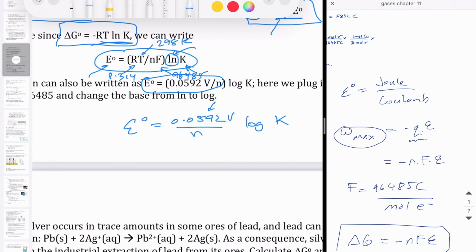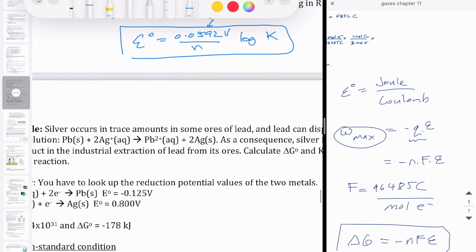So if you put in all the numbers for RT and Faraday's constant and change the base of the log from natural log to log base 10, you get 0.0592 divided by N, times log K. A lot of times people like to memorize this equation instead of the top one because you don't have to remember as many numbers.